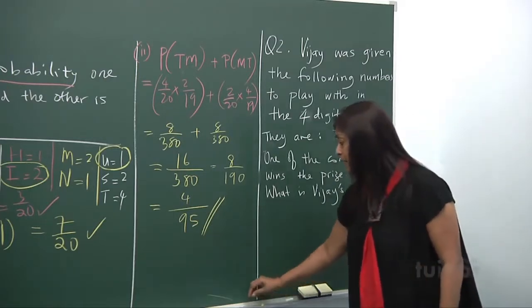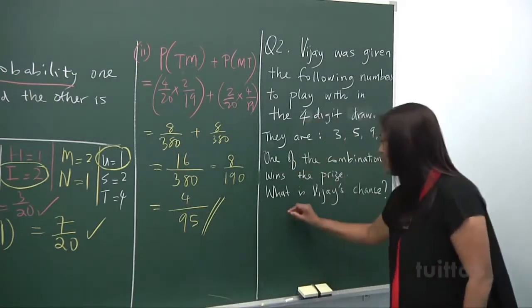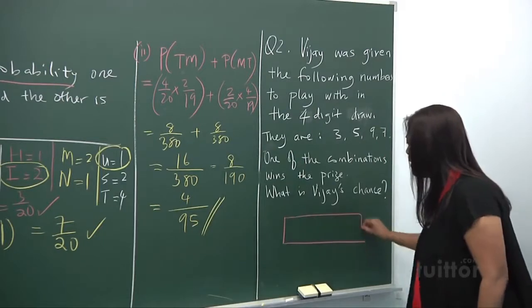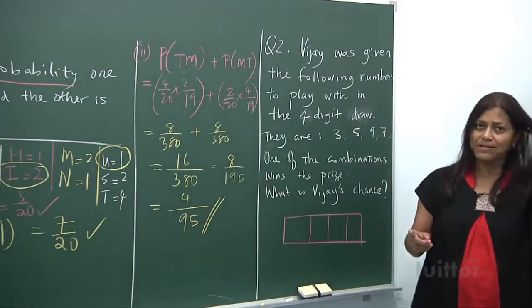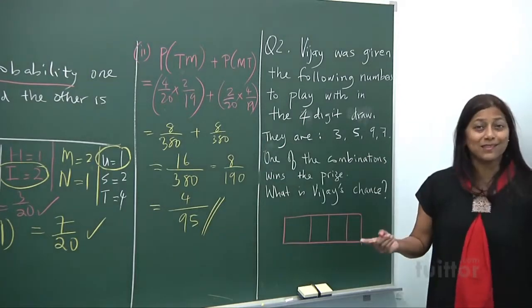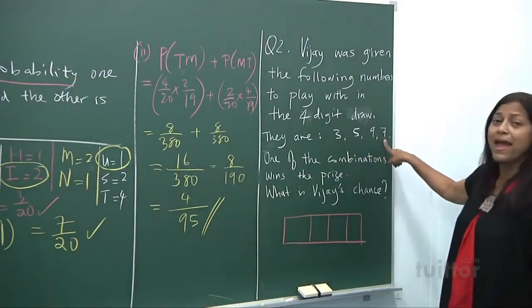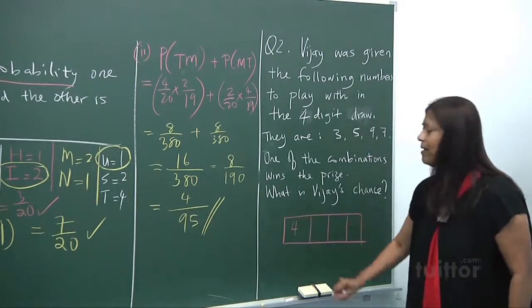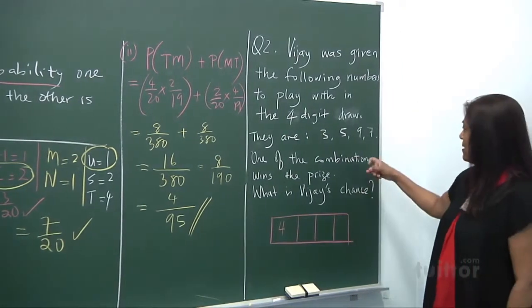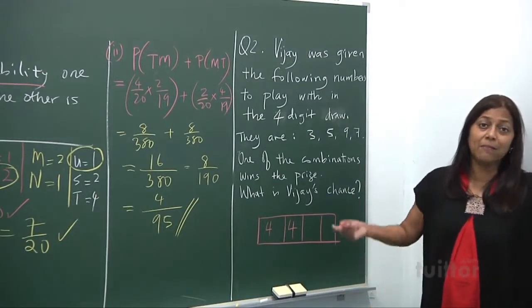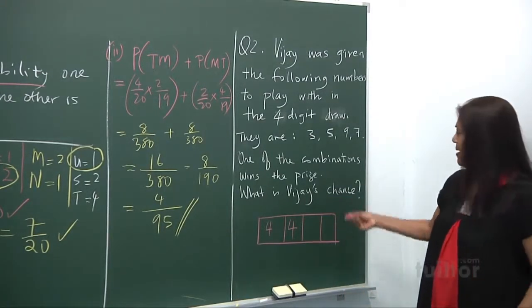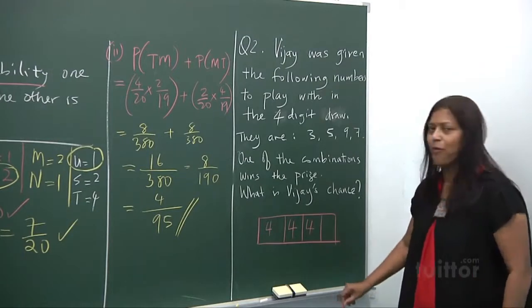So if you look at it very carefully, this is gambling, playing with 4 digits. And even then, he's given these numbers, so are the chances good? How many numbers are there? Any 4 can go in here, right? The second number, any 4 can go in here because there can be a repetition of numbers. And here again, any 4.